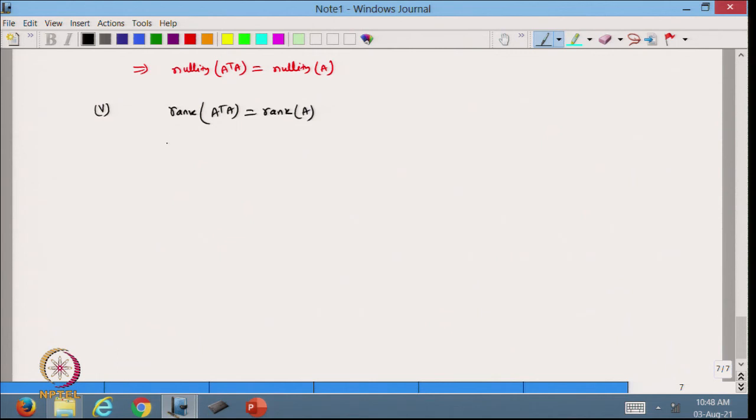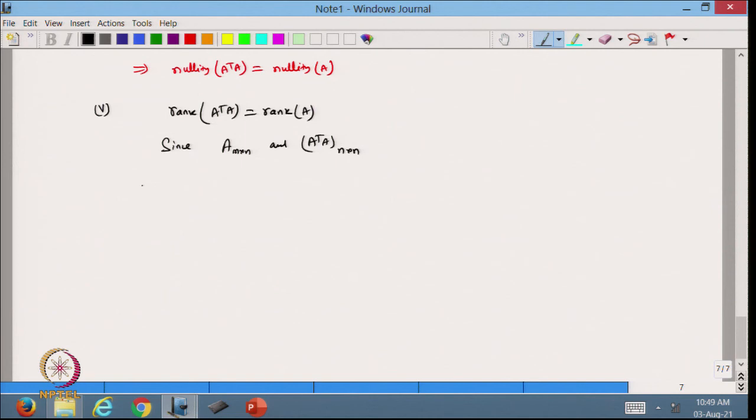Now we know that A is m cross n and A transpose A is n cross n.